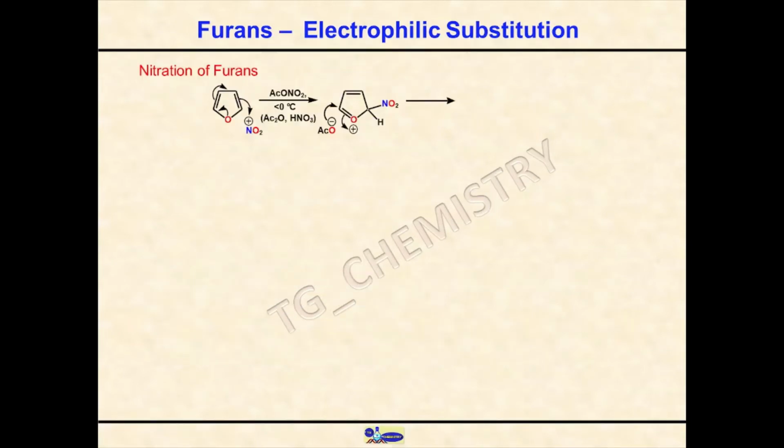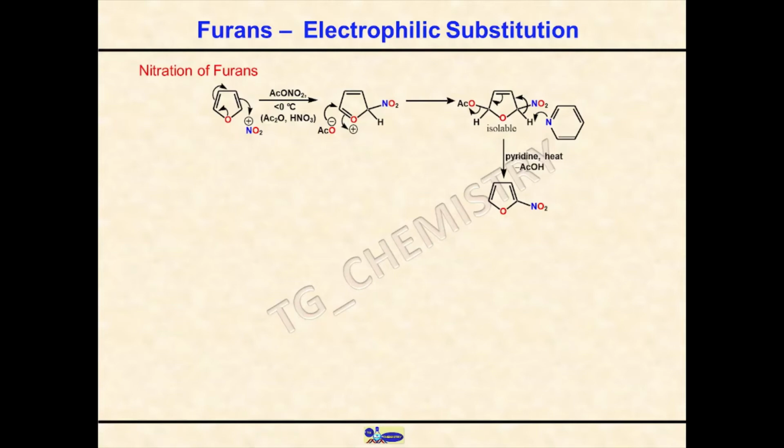Now we will be talking about the electrophilic substitution reactions of furans. You can see acetyl nitrate at a very low temperature can produce the nitronium ion, which can act as an electrophile, and furan can undergo the nitration reaction and eventually lead to the alpha nitro substituted compound.